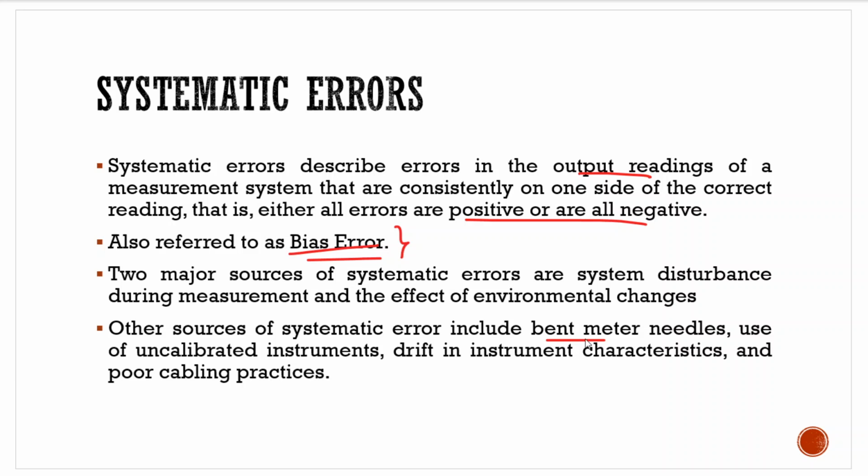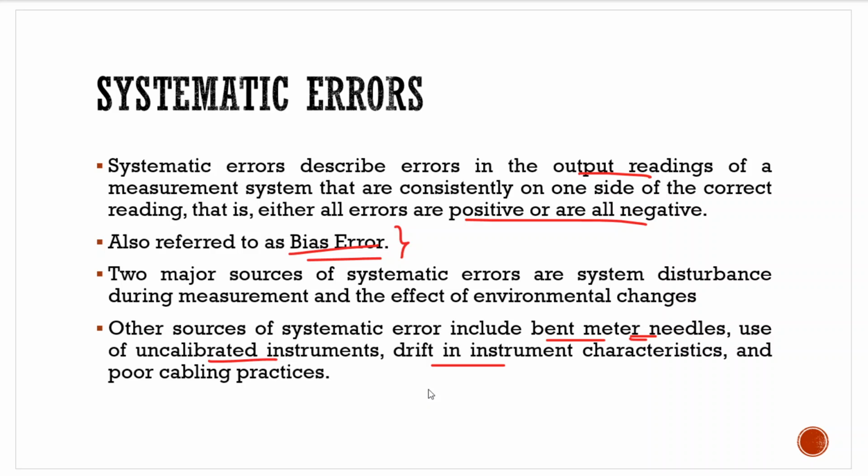Say, for example, needle bent है या needle की calibration ठीक नहीं है. ठीक है, fine. Use of uncalibrated instruments, drift in the instrument characteristics, as last time we defined as the zero drift and the sensitivity drift, taking place because of the sensitivity to disturbances.